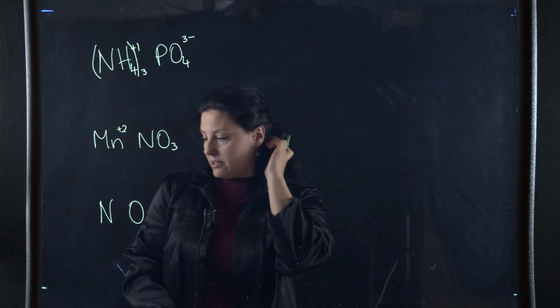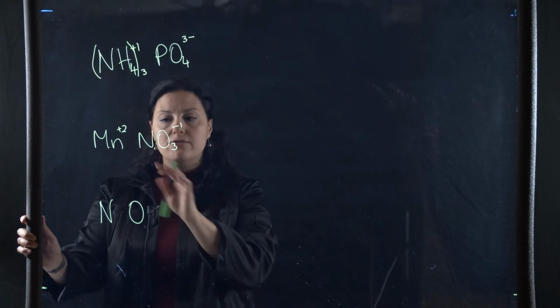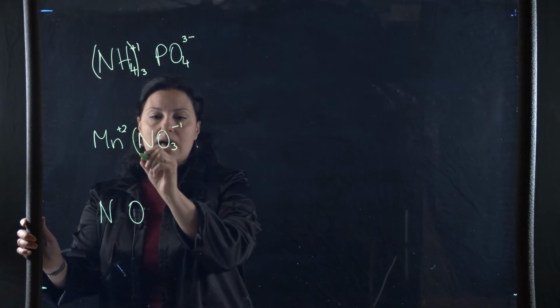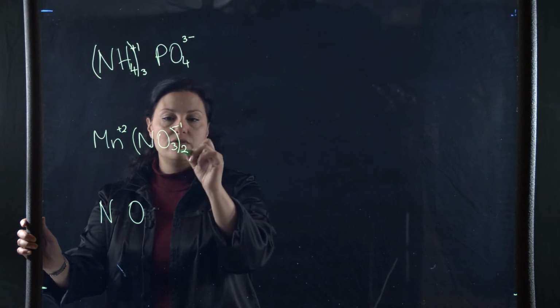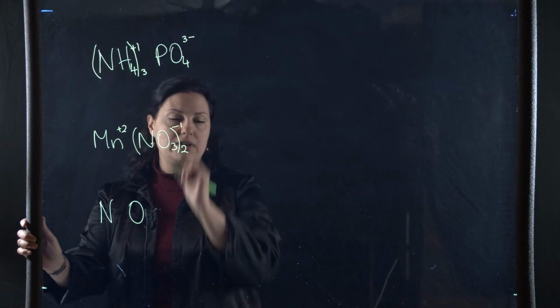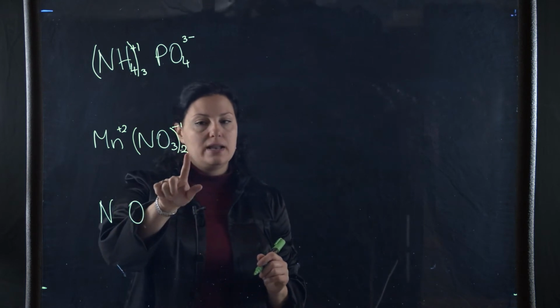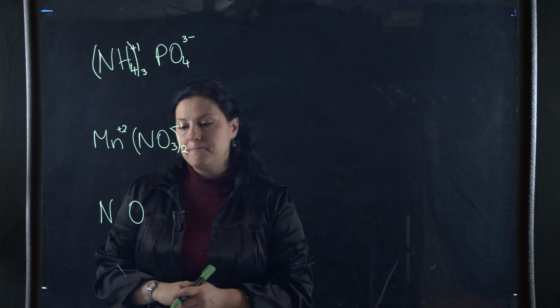The nitrate is a -1 ion, and therefore to make this a neutral compound, I need 2 nitrates, because each of these nitrates has a -1 charge for a total of -2. And then a subscript tells me I have 2 of whatever's inside the parentheses.